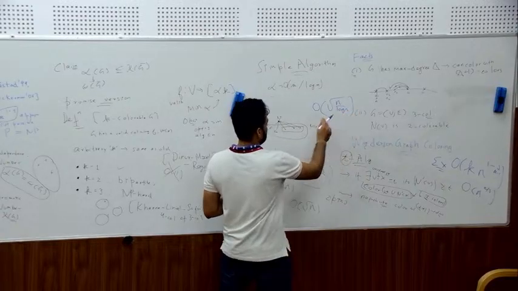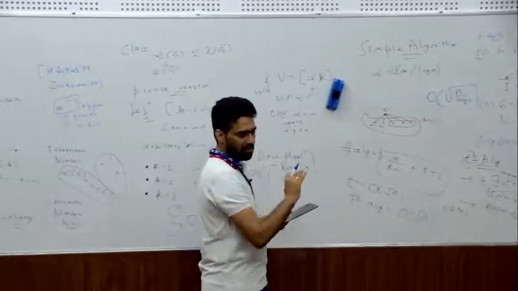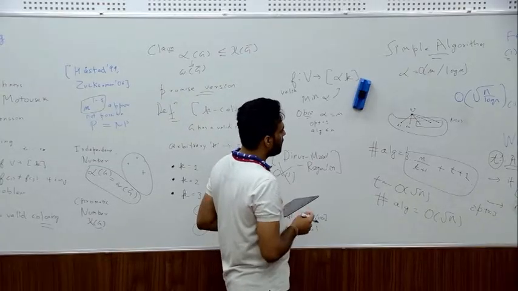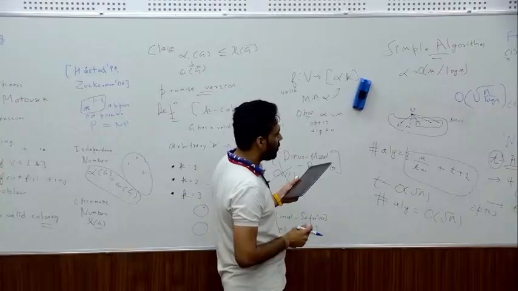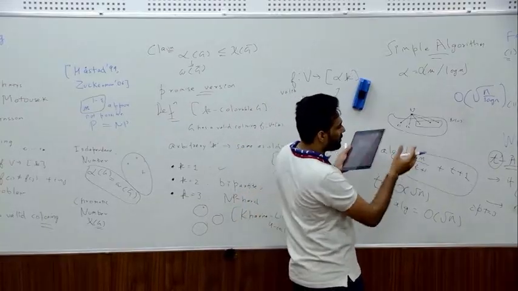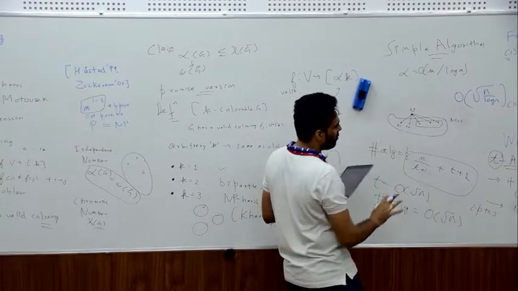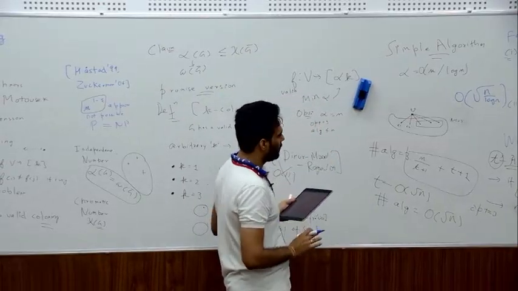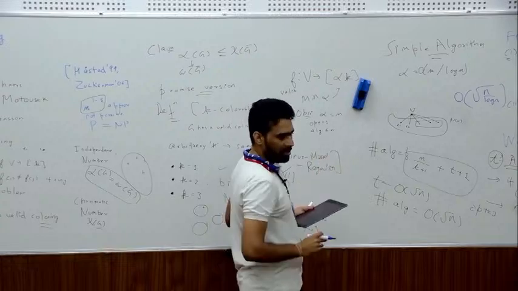They shaved another factor of square root log n from this. People were using similar ideas on top of this, but people also realized that this is a bottleneck. With these ideas, you cannot do much better than this.